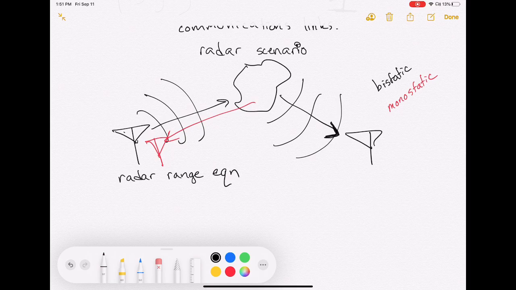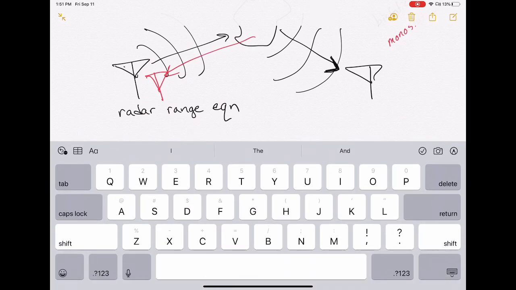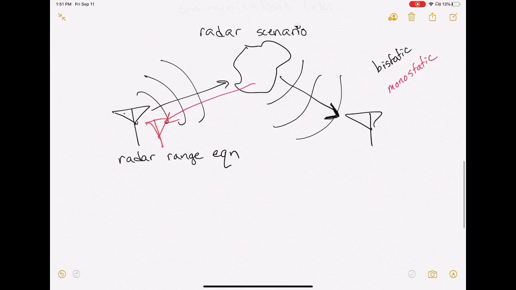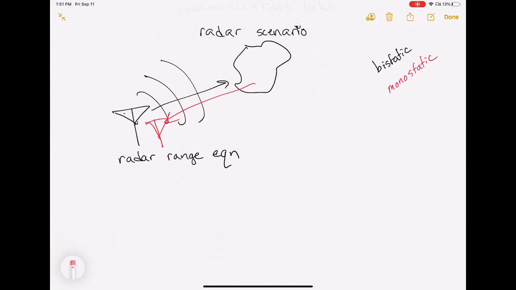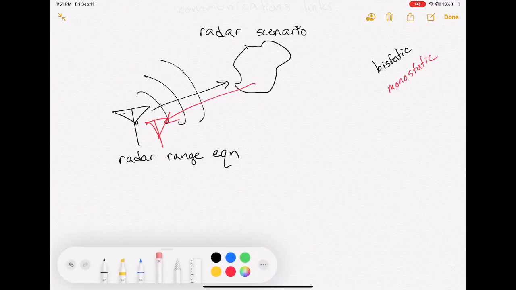The monostatic radar situation is a little bit different because the angle and distance variables are all the same. For bistatic radar, it's different distances. So I'm going to write down a monostatic radar range equation. So let's pretend that this bistatic radar did not happen.